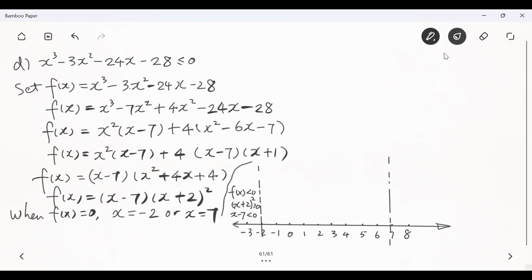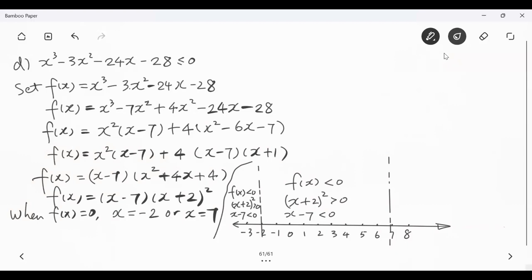And in the middle, from negative 2 to 7, x minus 7 is also less than 0. You can test x equals 0, so it's 0 minus 7 is negative 7, so it's negative. And x plus 2 squared always more than 0, so that means f(x) is less than 0.